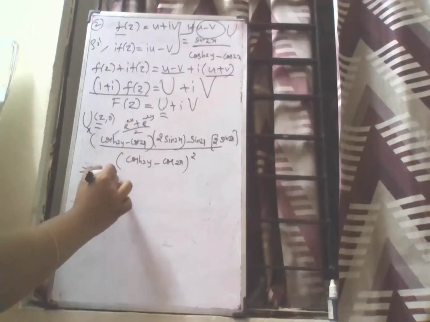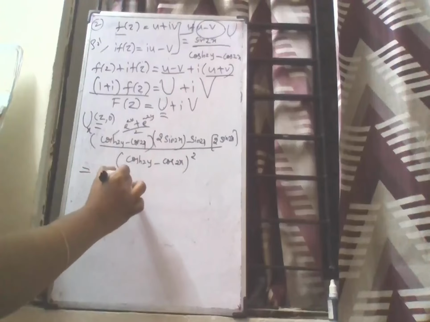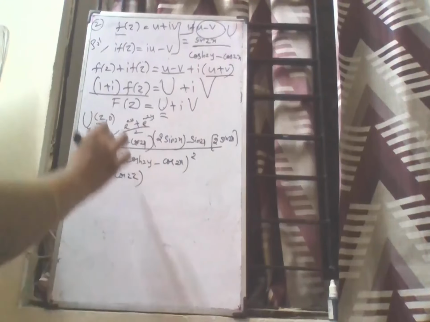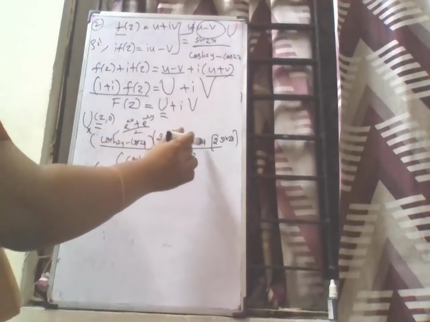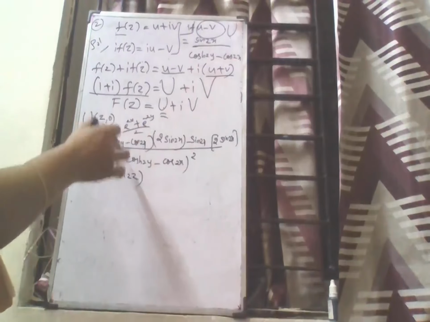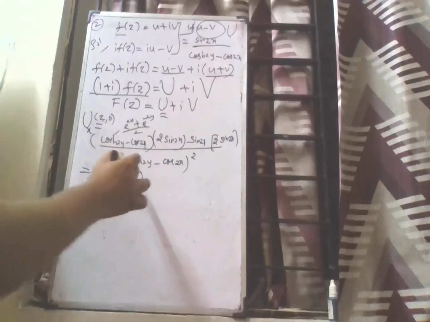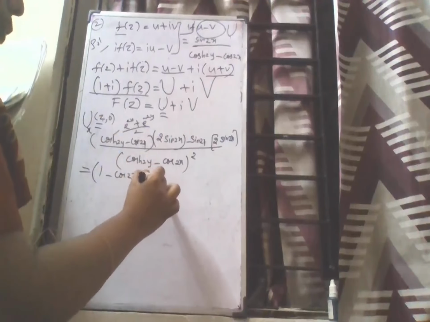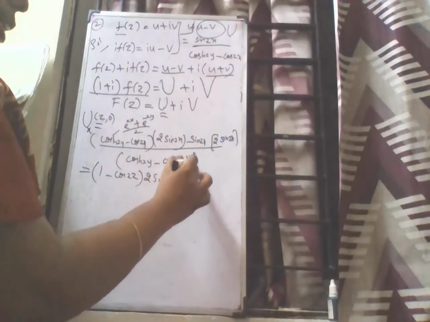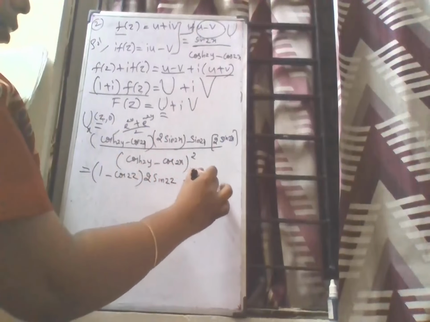Yes. 1 minus, what is this? 1 minus cos 2z. All you represent in terms of x, y. Already it is in terms of real variables, so we have to convert in terms of z, complex. That's why here I'll get 2 sin 2z minus 2 sin square 2z.